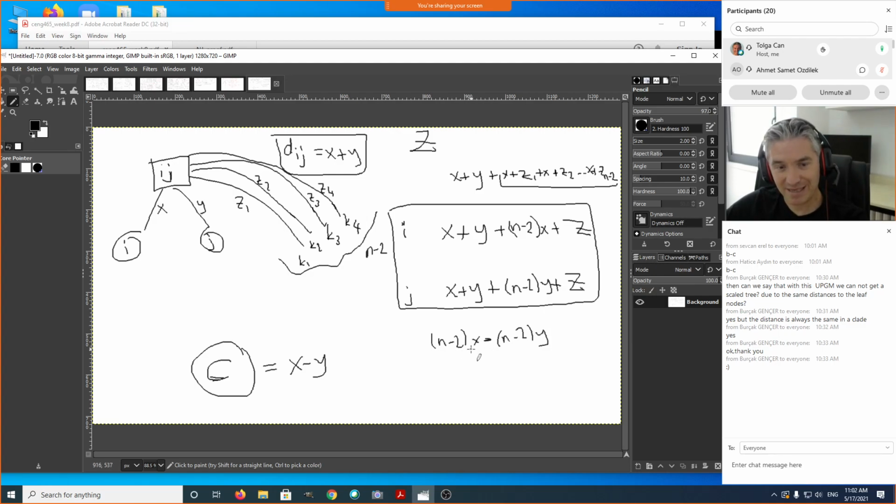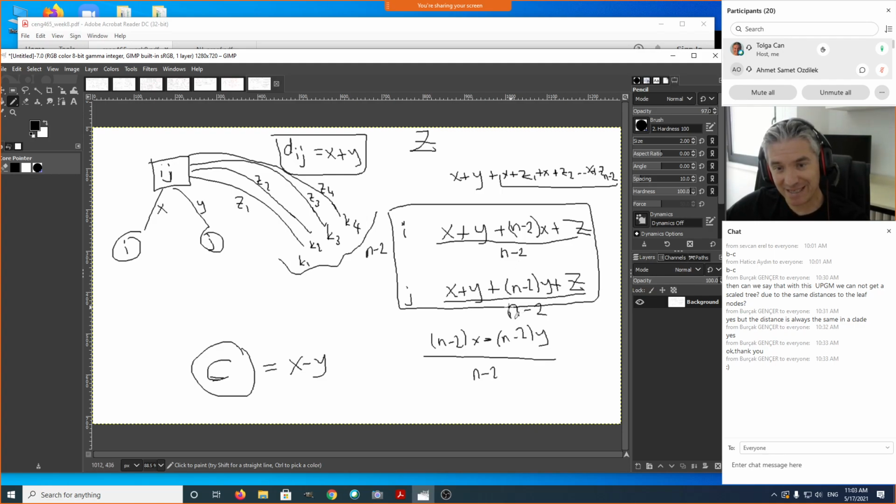So if you want to make this x minus y, what do you need to do? If each of these entire terms were initially divided by n minus 2, they would be more complicated terms: x divided by n minus 2, y divided by n minus 2, and this capital Z divided by n minus 2.